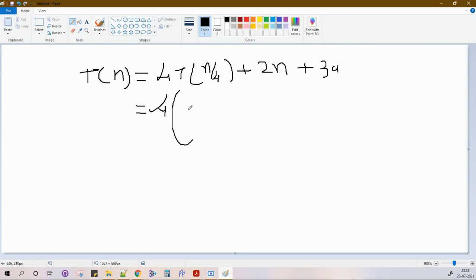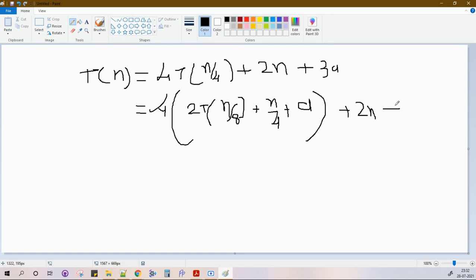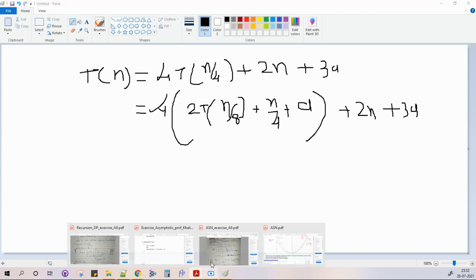This t of n by 4, I need to write as 2 multiplied by t of n by 8, plus n by 4, plus the a work I am doing, plus 2n that was there, plus 3a. Something like this I have. Yes or no?